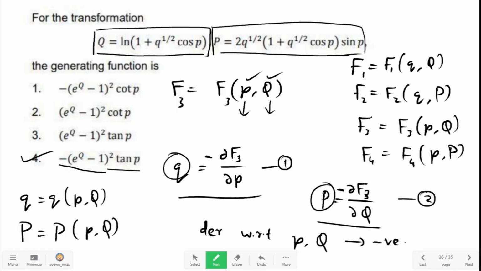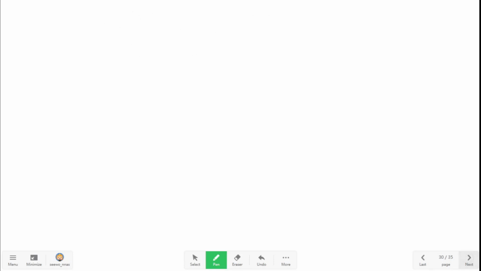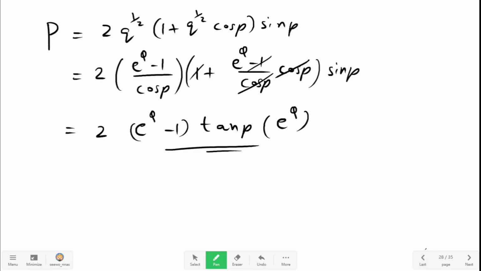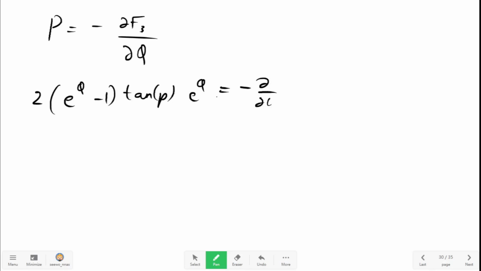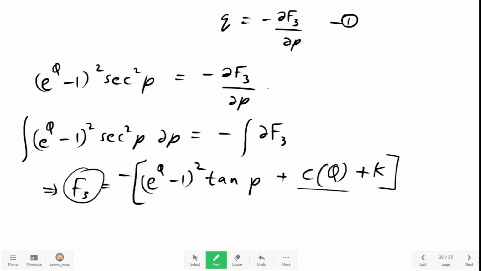Second differential relation is capital P is equal to minus del f3 upon del capital Q. Now P, we obtained to be equal to 2 e raised to Q minus 1 tan p e raised to Q. Let us put it in the LHS. This is equal to minus del by del Q of f3, which we just calculated.